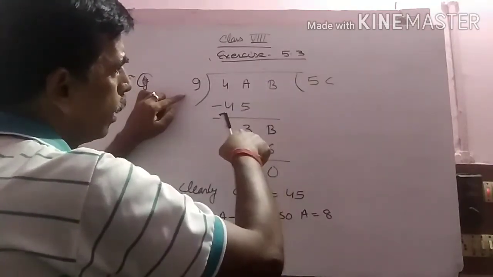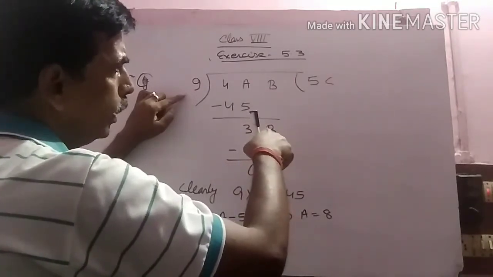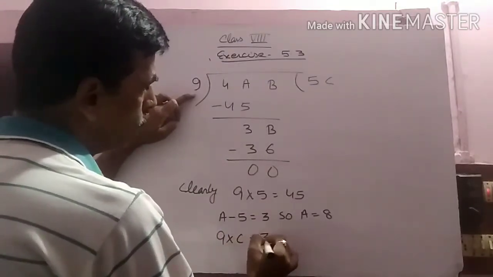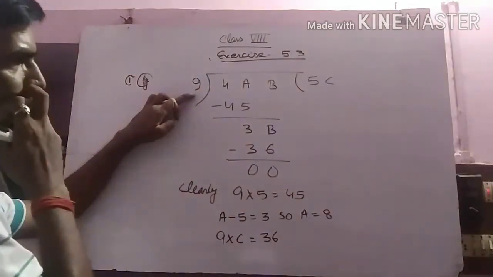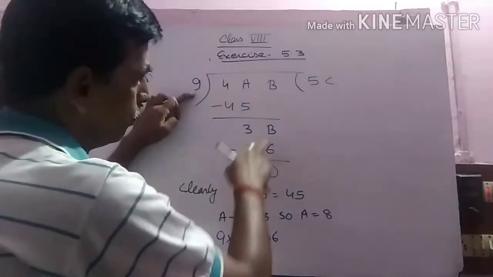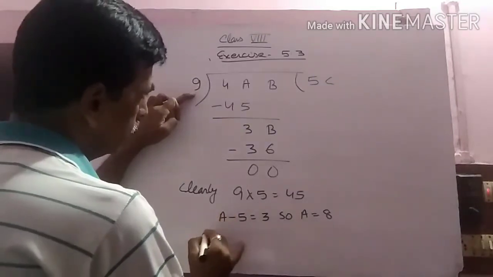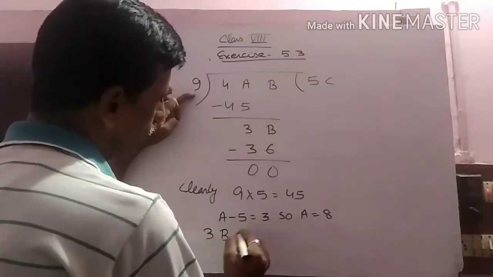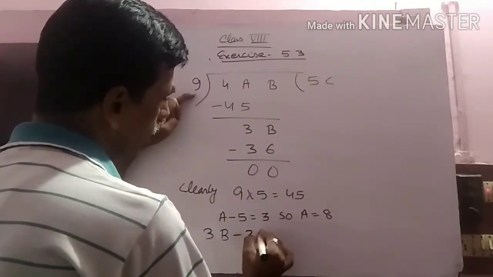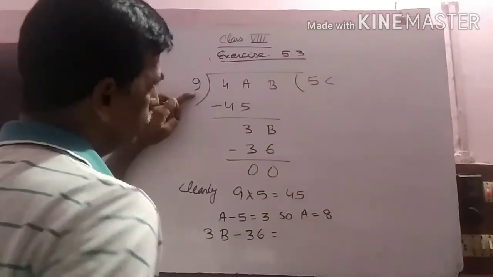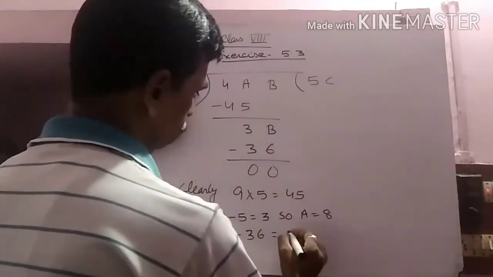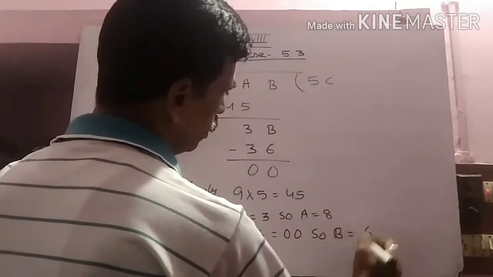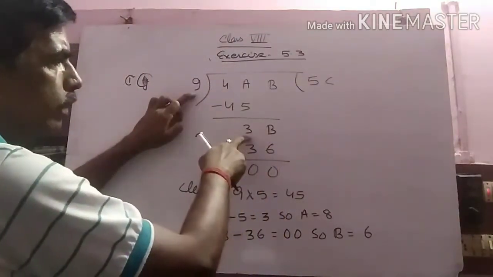And look here, 3B is here. Now 9 into C is equal to 36. We get that one. It means you can write that one. 3B minus 36 is equal to 0. So B is equal to 6. This is in place of ones. This is place of tens.